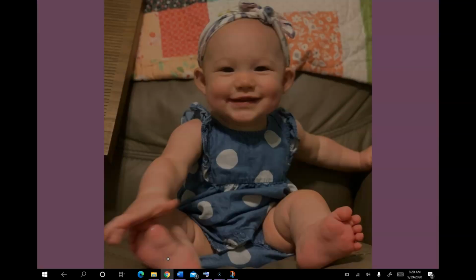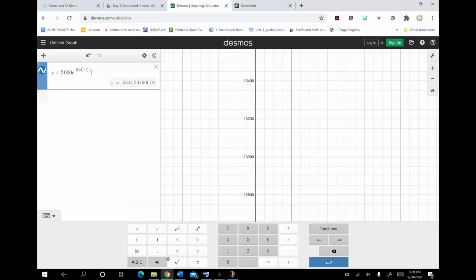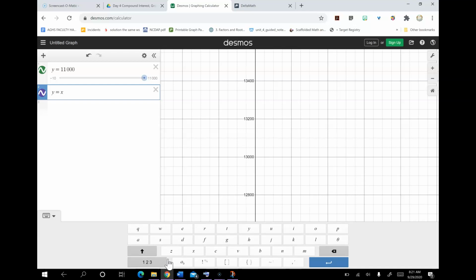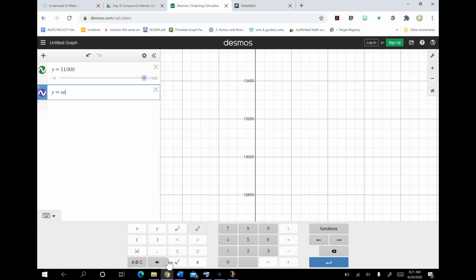So when I go back to Desmos, I'll have y equals 11,000. The second line is also y equals, but it's going to be x times e raised to the 0.067 times 18.